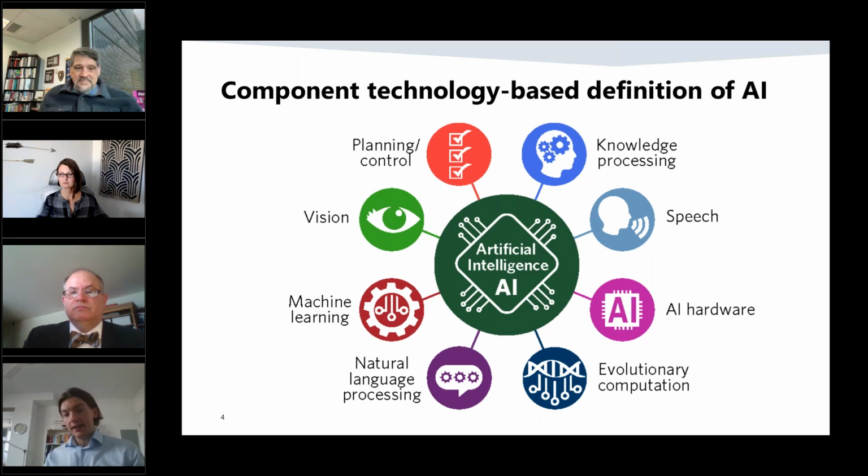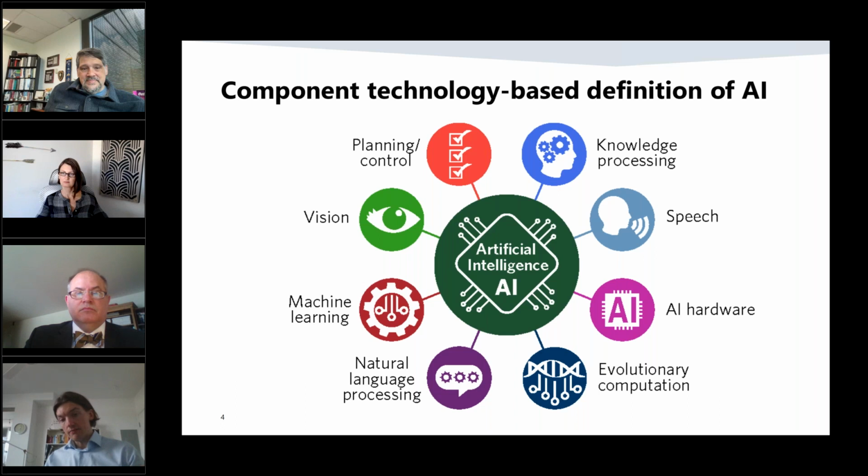So when we say AI, we mean that it is one of these 8 AI component technologies: speech, knowledge processing, AI hardware, written language or natural language processing, vision systems, and of course, machine learning. That's the primary topic of this webinar. What do you have there? You have a system that, if it's supervised, is learning from labeled examples how to distinguish things and that kind of stuff.